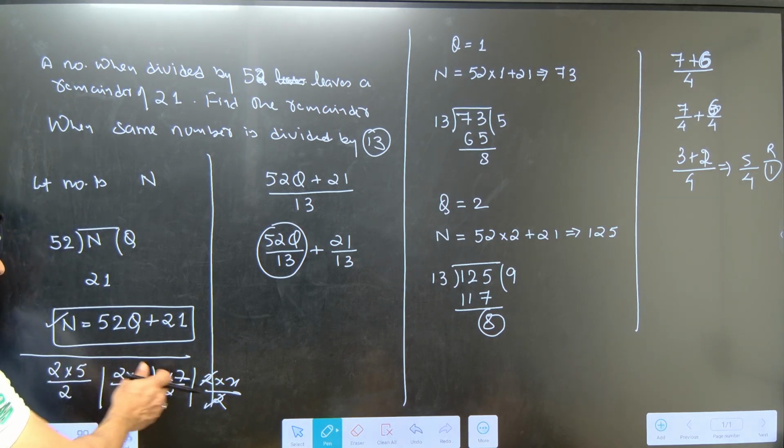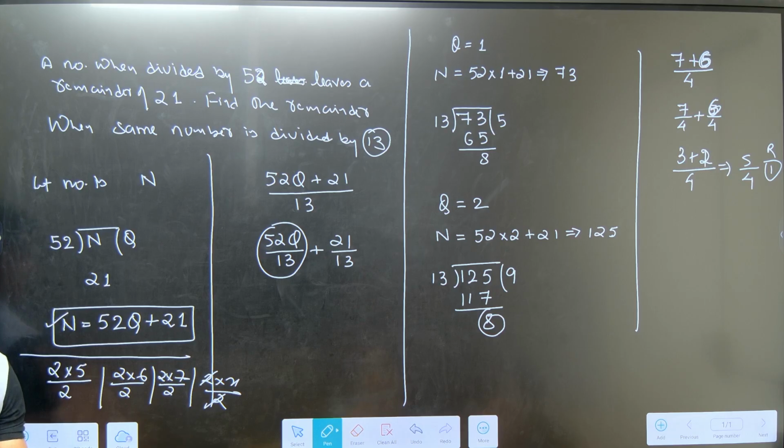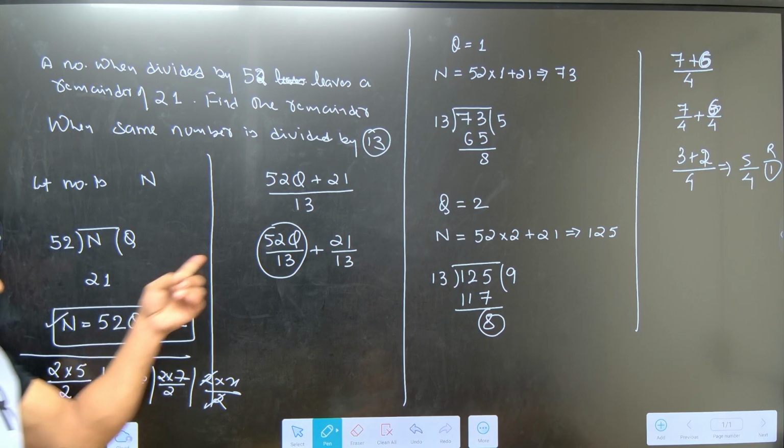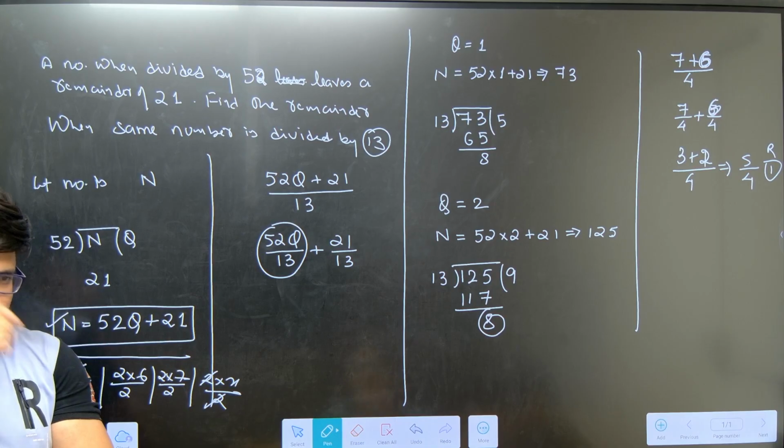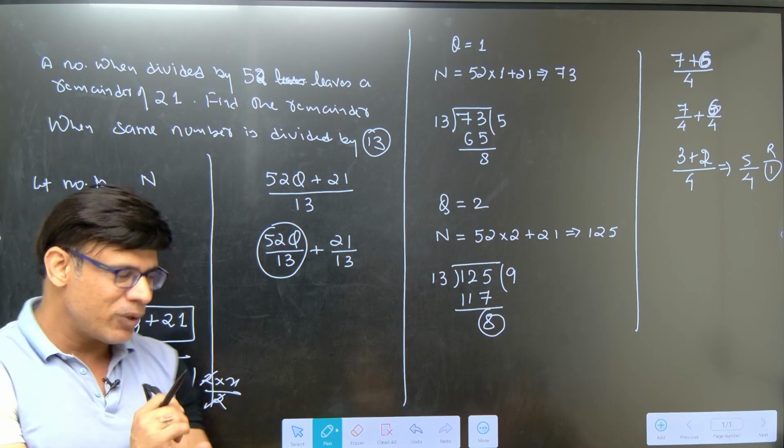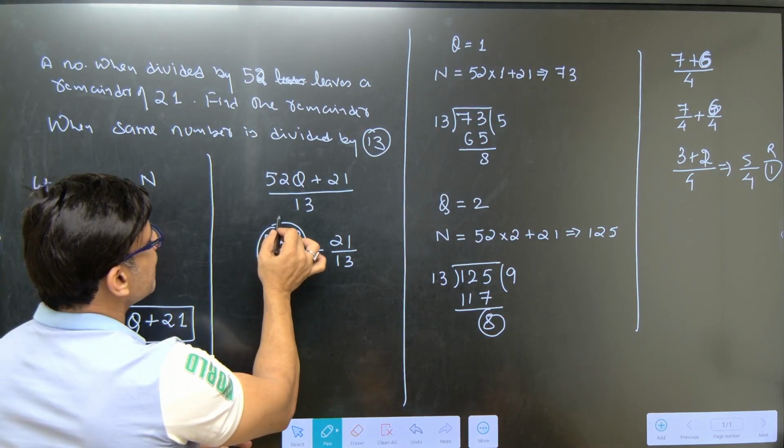If I write x instead of 5, 6, 7, it does not make any difference. x can be any number; the remainder is going to be 0. The remainder is 0 when the denominator completely cancels the numerator. This 52q is 52 into q divided by 13, so 13 will cancel 52. So the remainder in this case is 0.